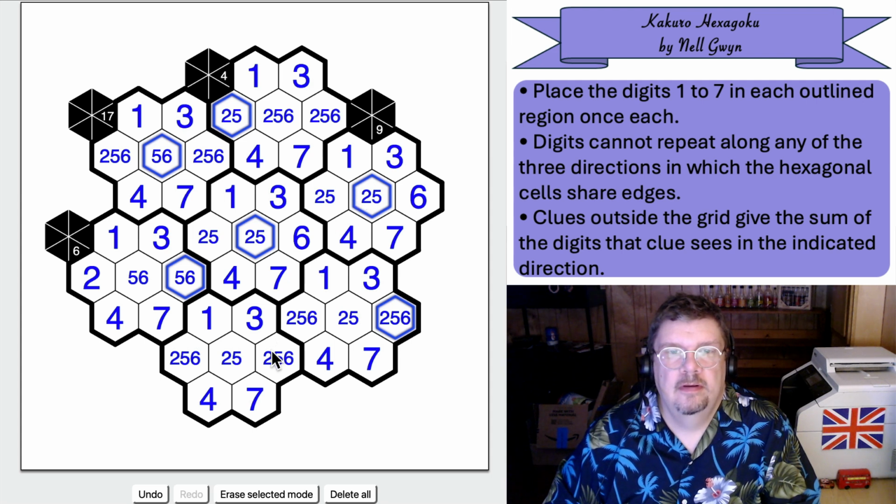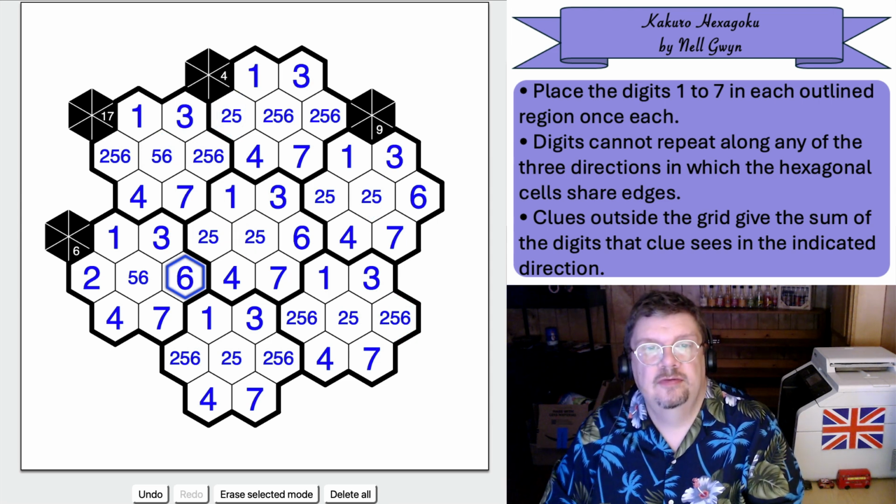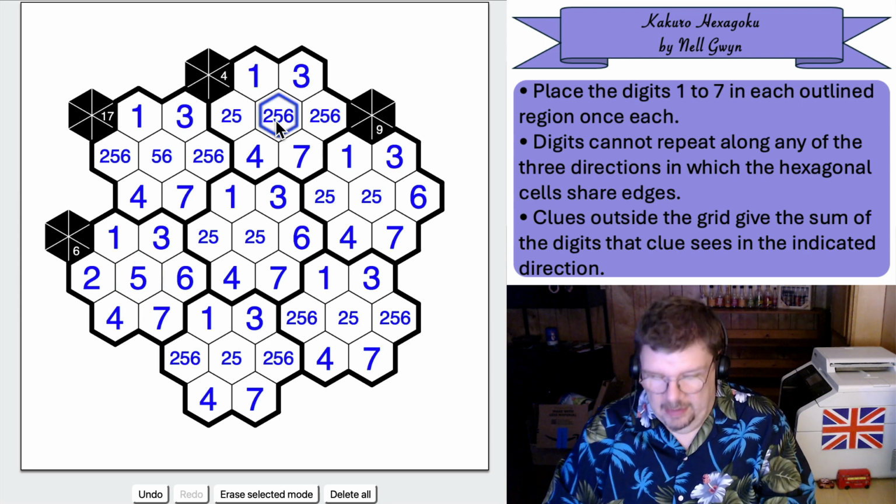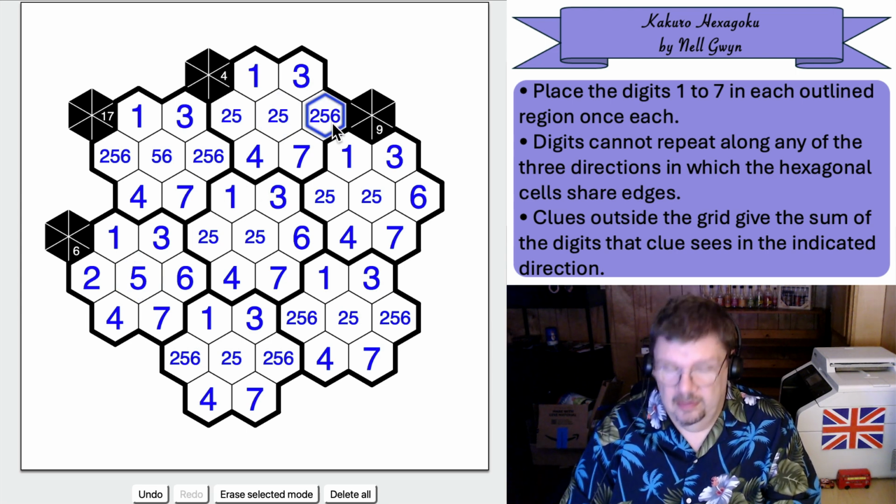And now there's no room for 5 in any of these. That one knocks out that one knocks out that one, and that one knocks out that one. So that is not 5. That is 6, therefore this is 5. And now that should clear things up.